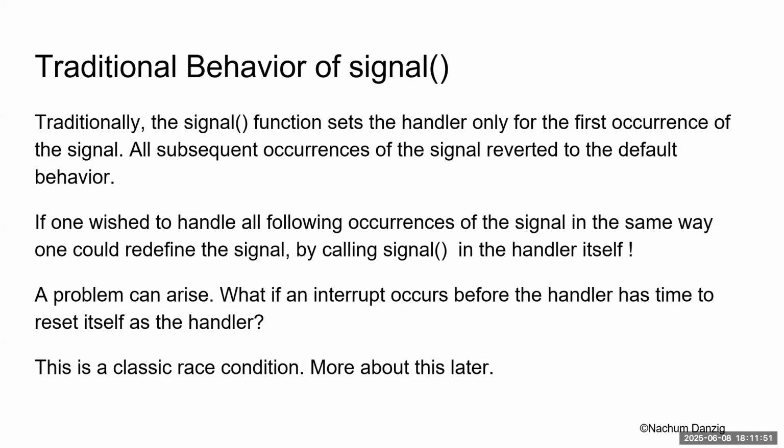We said a problem can arise. What if the interrupt occurs before the handler has time to reset itself? That is a classic race condition. More about this later. This solution is not a good one because it relies on me getting to do at least one line before I get the next signal.